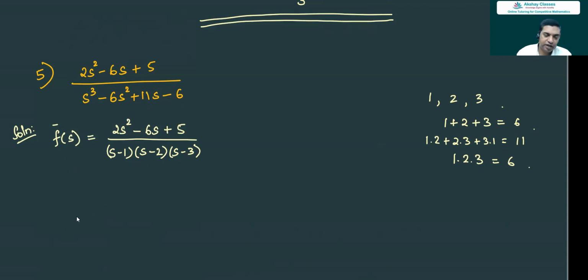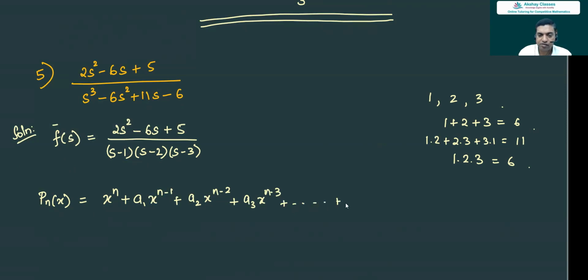Generally, for any polynomial equation, there's a trick. For any polynomial equation, say x power n, the coefficient should be 1. Plus, say a1 x to the power n minus 1 plus a2 x to the power n minus 2 plus a3 x to the power n minus 3, so on, an.